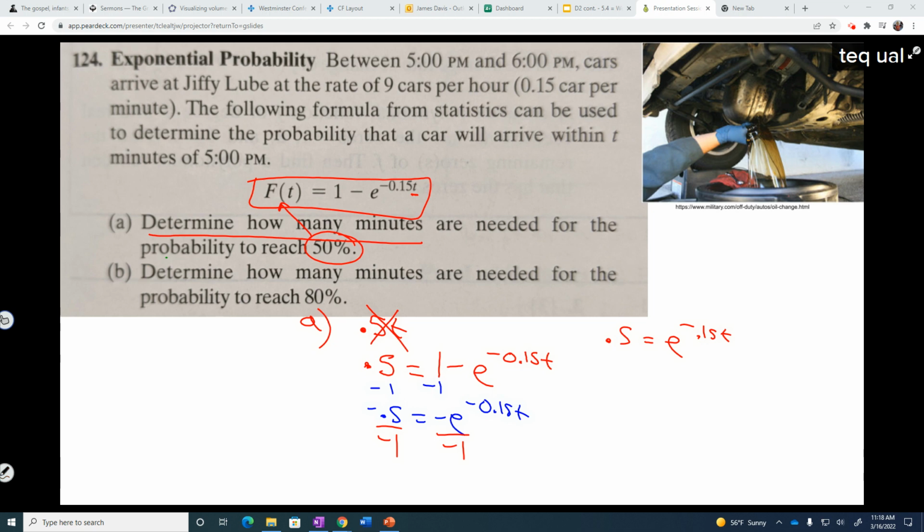And then we take the natural log, right? That cancels, so natural log of 0.5 equals negative 0.15t. And then we divide by negative 0.15. And that's going to be our t.